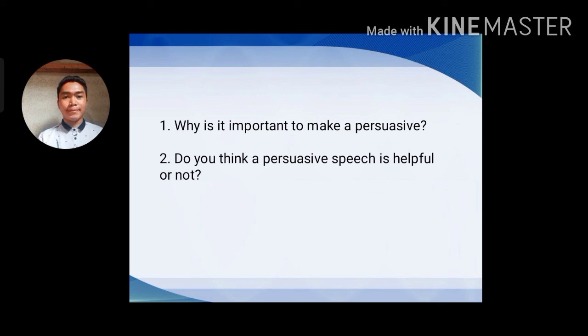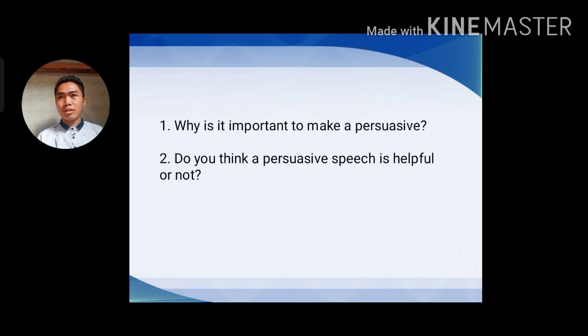Yes, Mr. Rebilla. Okay, very good. Persuasive speech is helpful because without persuasive speech, we cannot convince other people. Because convincing other people is very important, right? Just like a sales pitch.